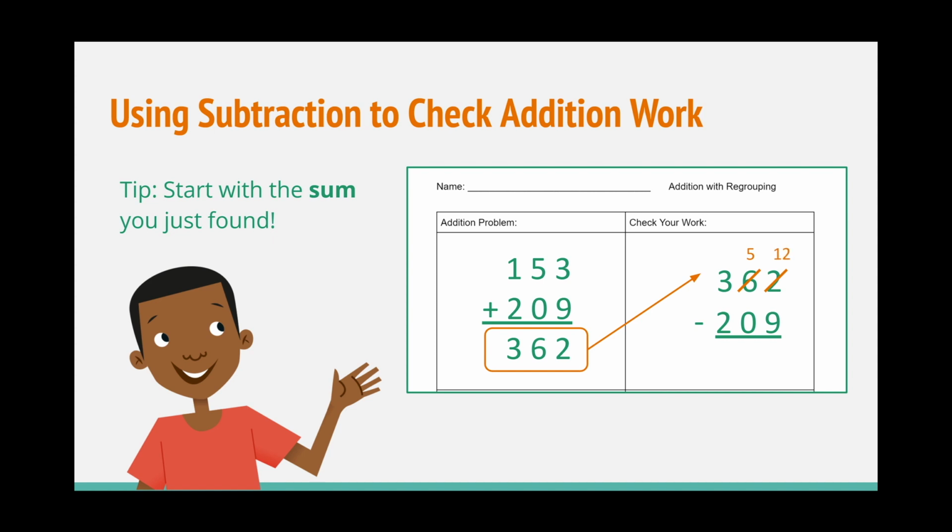Now I can subtract. 12 minus 9 is 3. Now I go to the tens place. 5 minus 0 is 5, and then I go to the hundreds place. 3 minus 2 is 1. If I look, I have the same numbers. I have 153, I have 209, and I have 362. So I know my answer is correct.